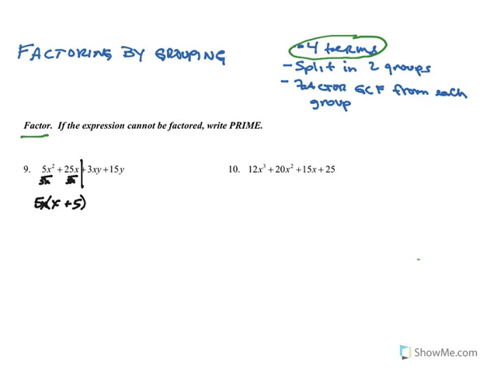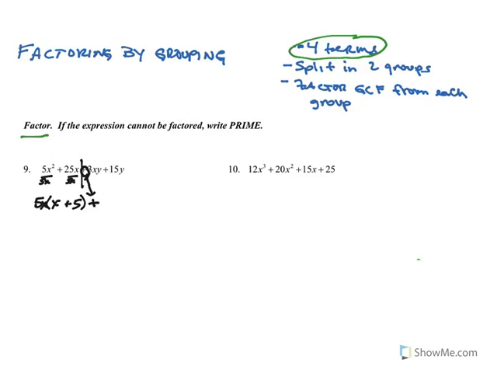Then when we look at our next set of parentheses, we have 3xy plus 15y. First of all, the sign of the leading term in this second group is going to come down as your GCF sign. Whatever the sign is of the first term for your second group, that's going to be the sign of your greatest common factor. It's important for you to know that.